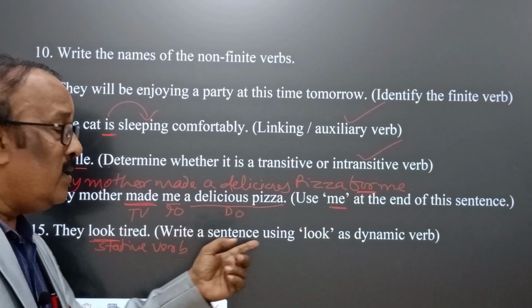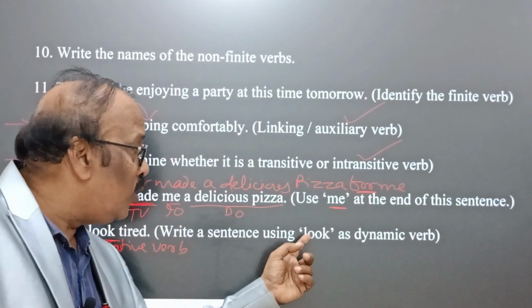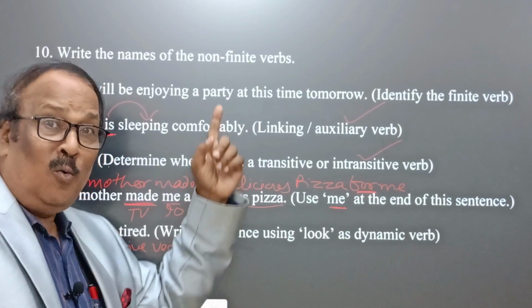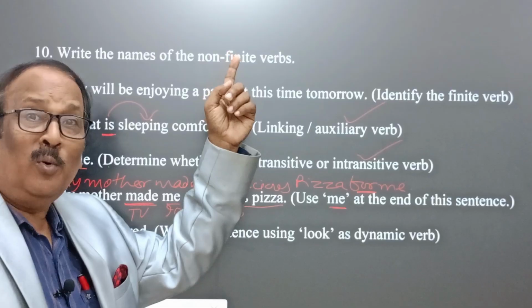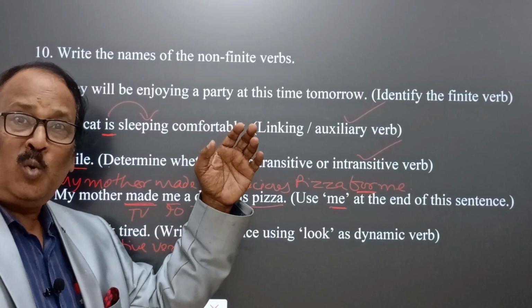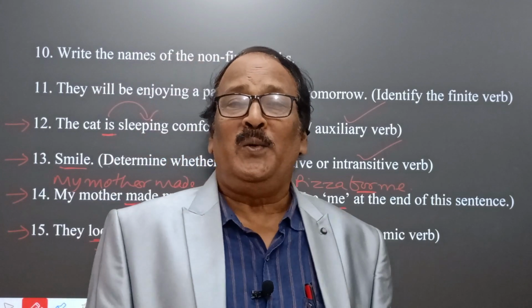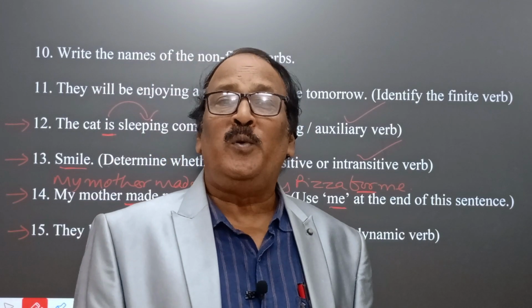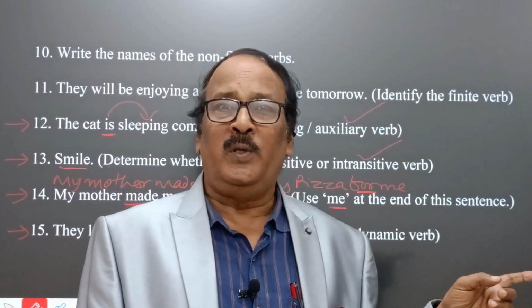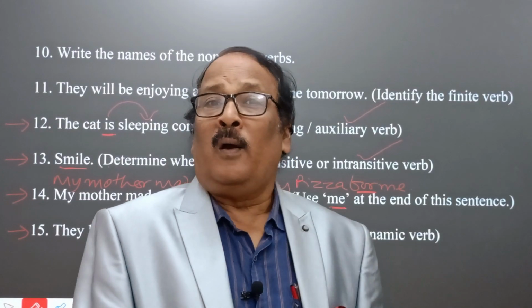But the instruction here is to use look as a dynamic verb. The children are looking at the rainbow. Here looking is the dynamic verb. This is present progressive.